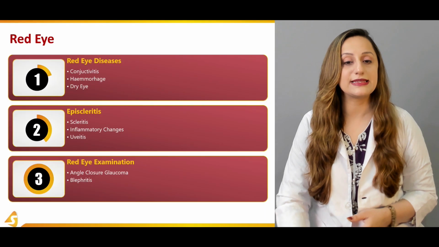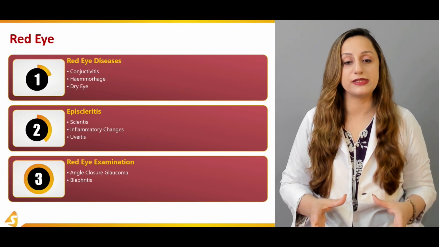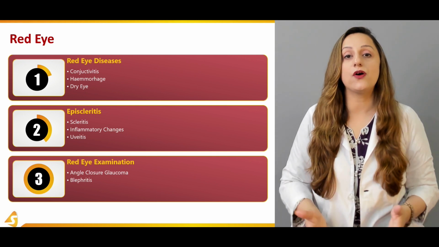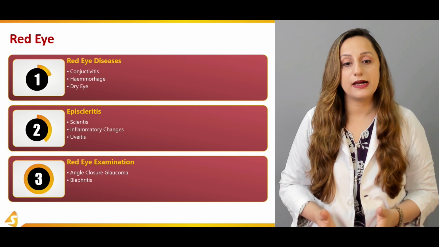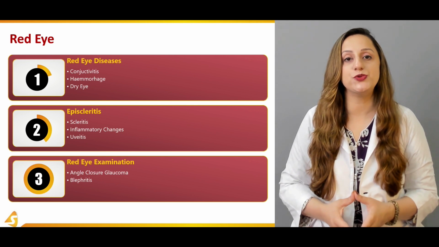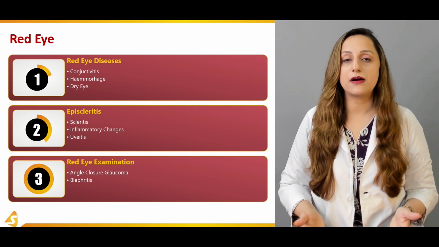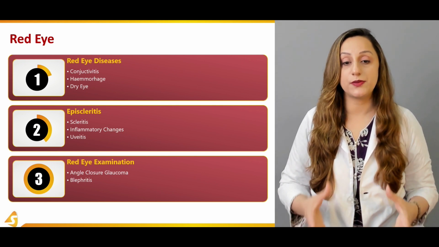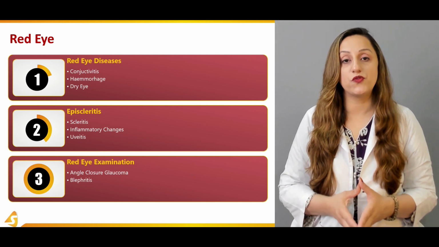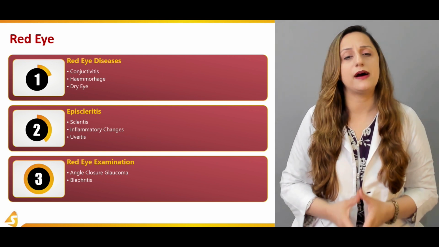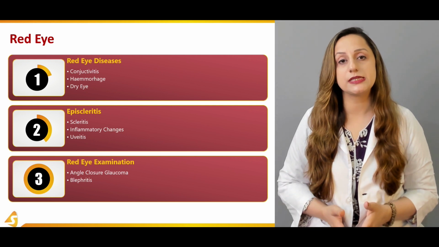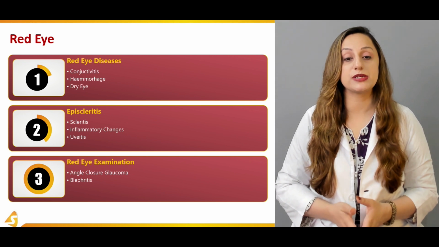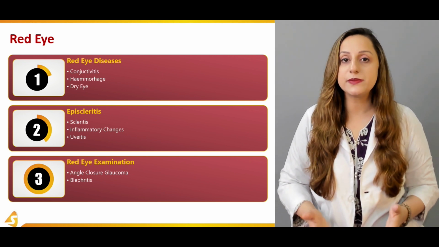So in this lecture, in the very first section, we're going to focus on conjunctivitis, which is one of the leading causes of red eye presentation in a patient. Then we're going to move on to hemorrhages. Hemorrhages can be quite serious or even fatal in a person, but when we are just dealing with an eye hemorrhage associated with a hypertensive disorder, or some of the hemorrhages associated with stroke, they can be self-limiting.